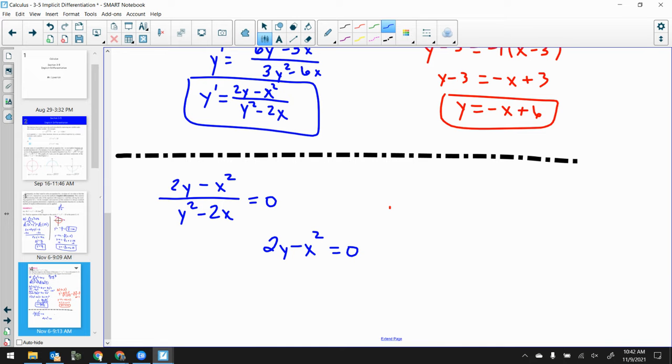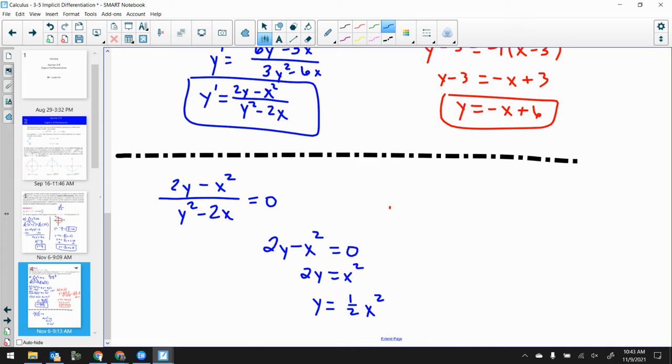Or in other words, 2y is equal to x squared. If I solve that for y, y is equal to 1/2 x squared, right? If I divide that by 2, it's either x squared over 2 or 1/2 x squared.